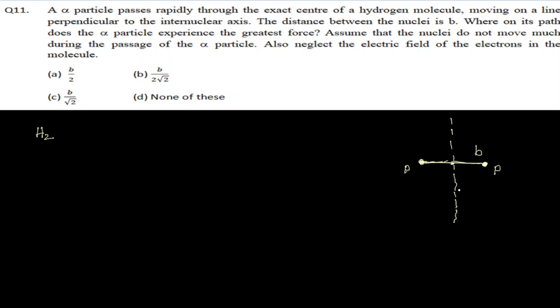Now on this path, if a charged particle, an alpha particle, meaning He double plus, moves along this line, what has been asked is: where does this alpha particle experience the largest force? So I have to tell at what position of this alpha particle along this line it experiences the maximum force because of these two protons.